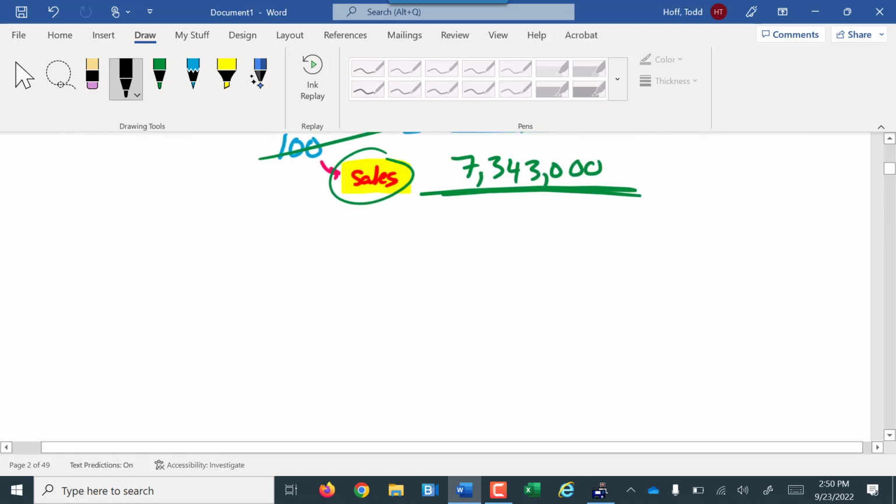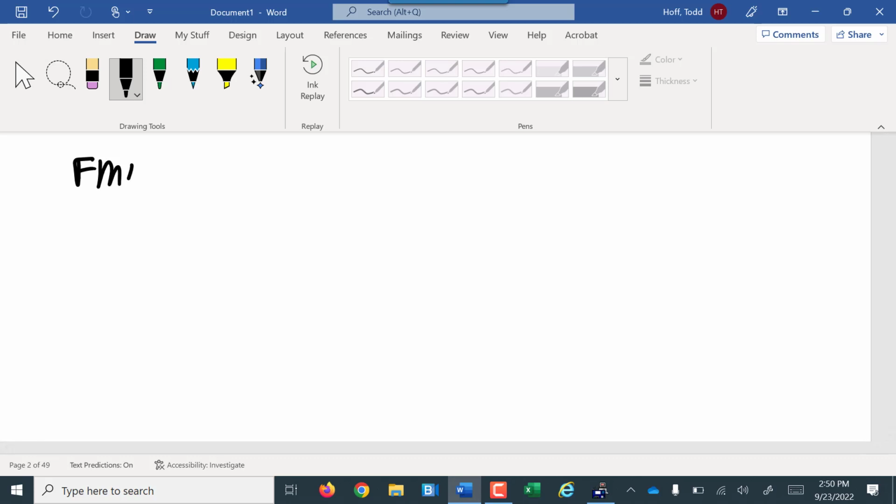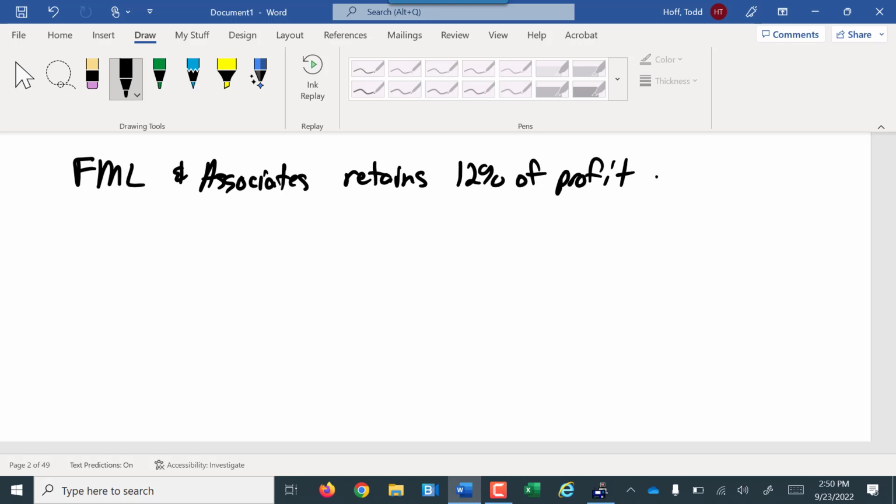Now we might have something like this. FML and Associates retains 12% of profit for a reserve.